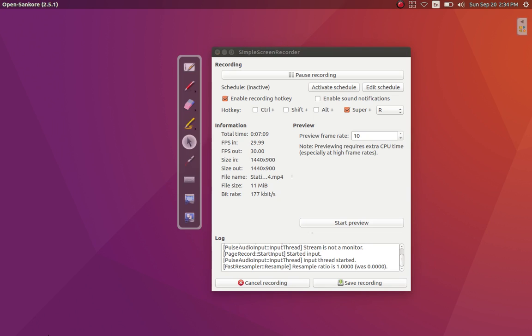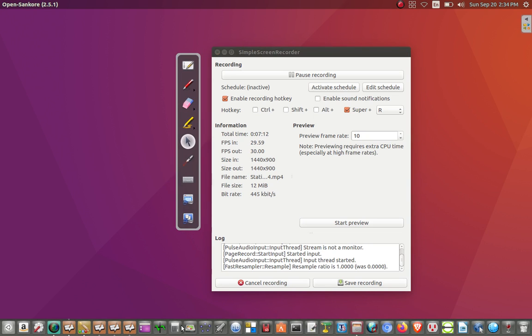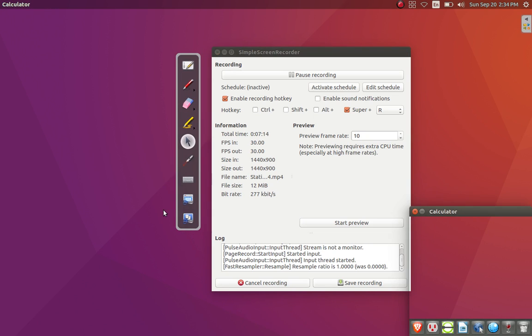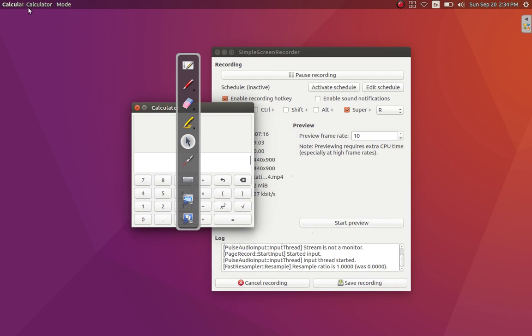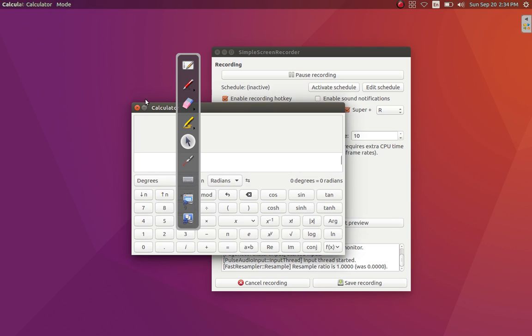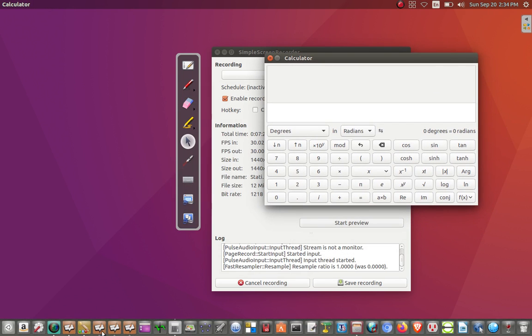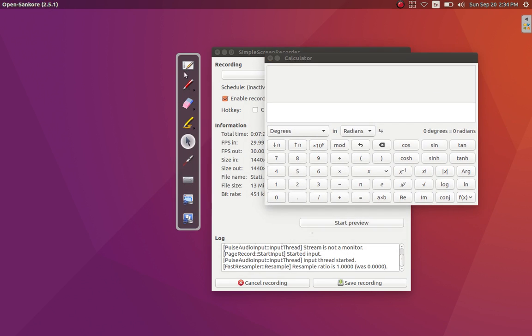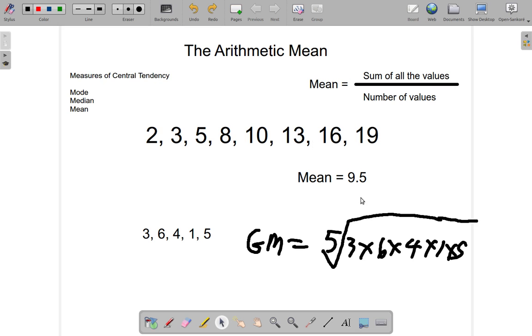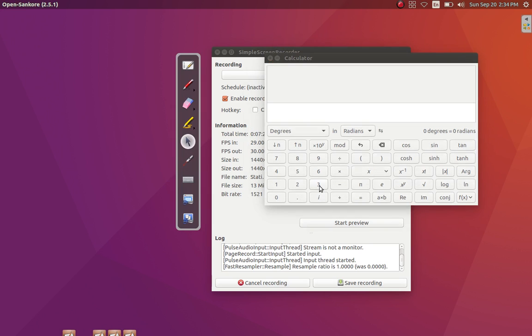3, 6, 4, 1, 5. Let me try and remember. 3 by 6 by 4 by 1 by 5 with my calculator now. Let me put this in advanced mode. What were the numbers again? 3, 6, 4, 1, 5. So it's 3 by 6 by 4 by 1 by 5 equals 360. And then the fifth root.